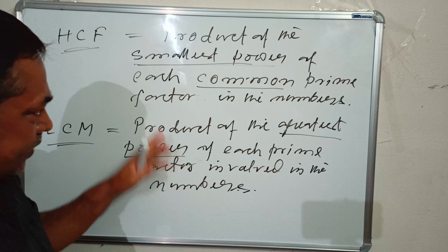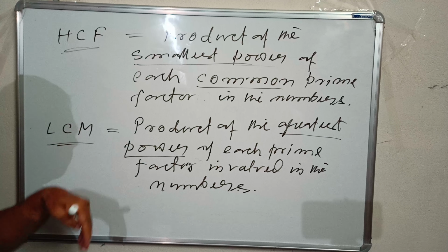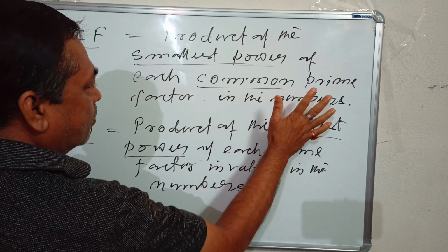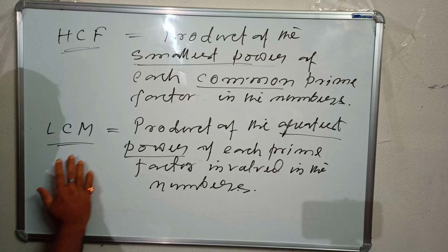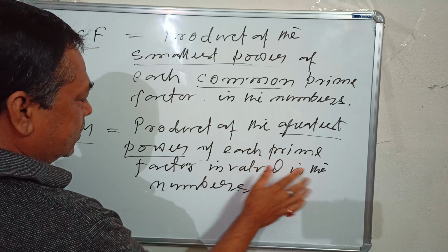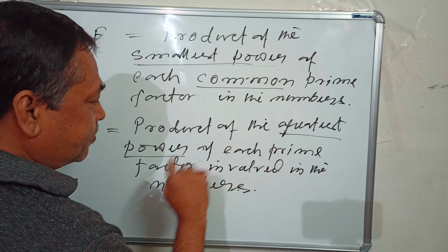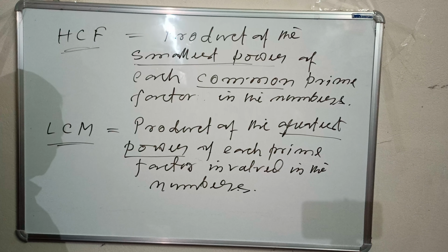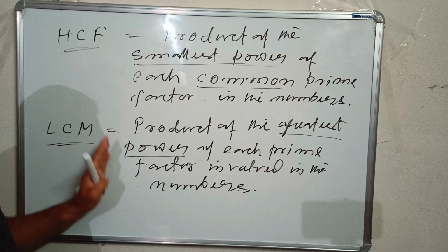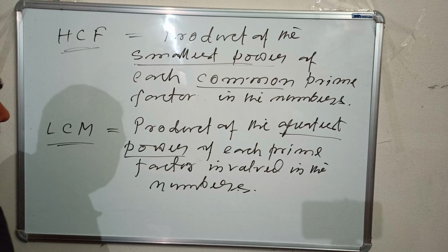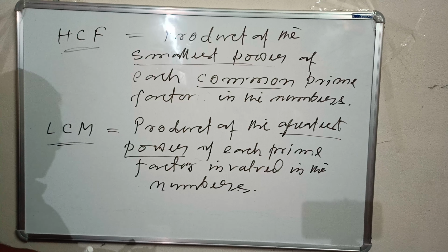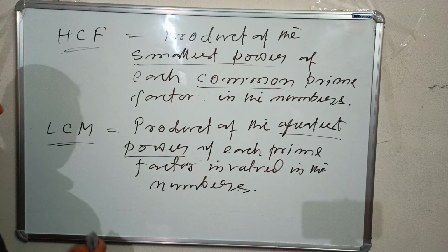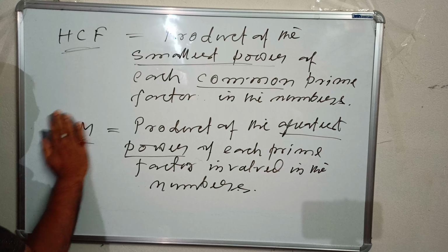For HCF we take the smallest power of the common prime factors, and here the greatest power of each prime factor. The word common is not there for LCM. So HCF is the product of the smallest power of each common prime factor, and LCM is the product of the greatest power of each prime factor, all involved in the numbers. Now remember it, and I am going to take two numbers and, by prime factorization, using the fundamental theorem of arithmetic, we will find the HCF and LCM.